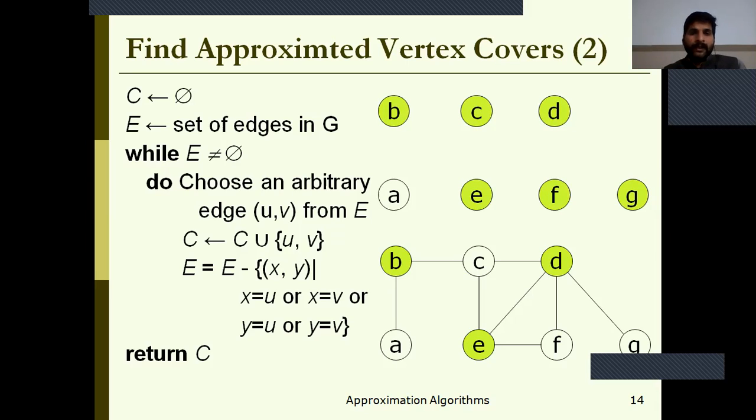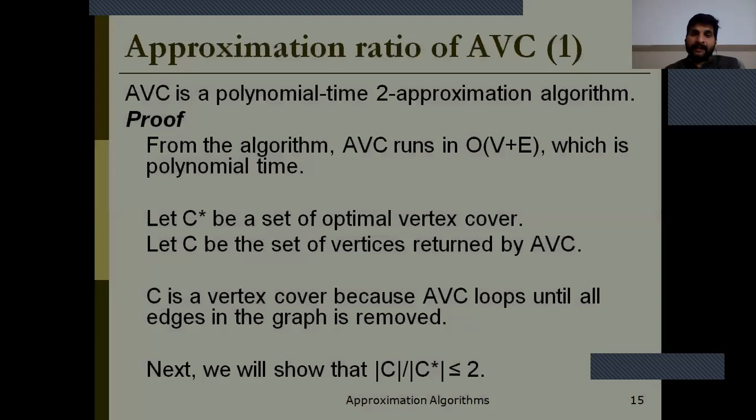Now if we choose only one vertex from each like that, we choose vertex B, vertex D, vertex E. Choosing these three vertices also covers all the edges like that.